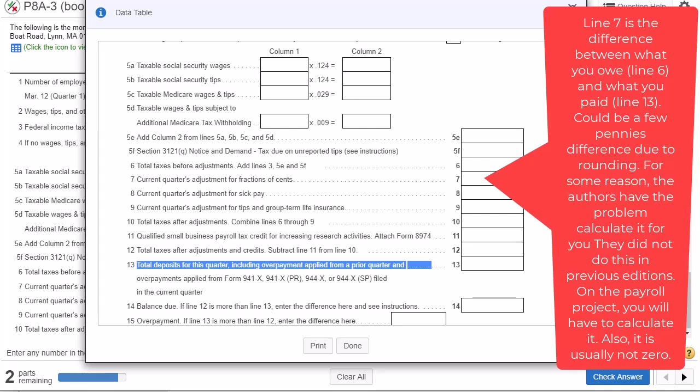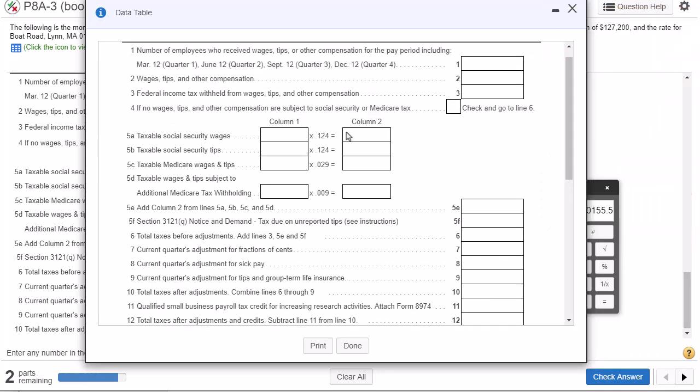Now, there could be a few cents difference just from rounding, because when we calculated our deposits for FICA FIT, we rounded once for each employee for each pay period. However, when we did it for this form, we only rounded once.